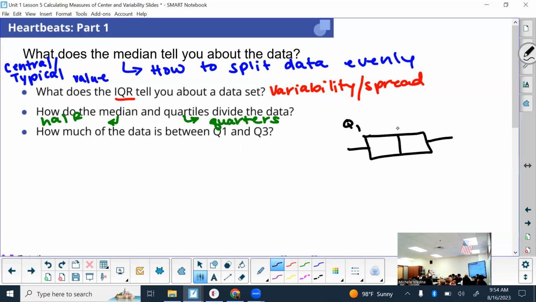Well, not necessarily, it doesn't have to be in the middle, but wherever the middle line is, this line is where your Q2 is. And then where does Q3 go? The right side of the box. So, the whiskers are my minimum and maximum.